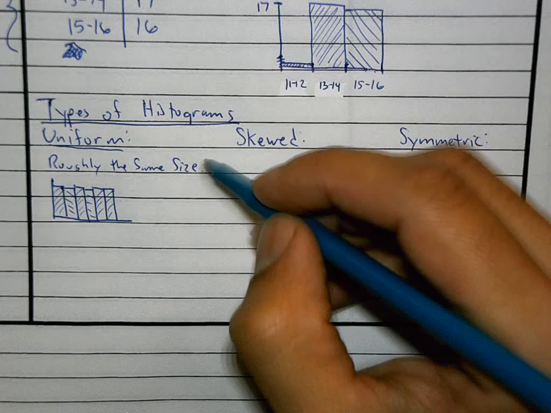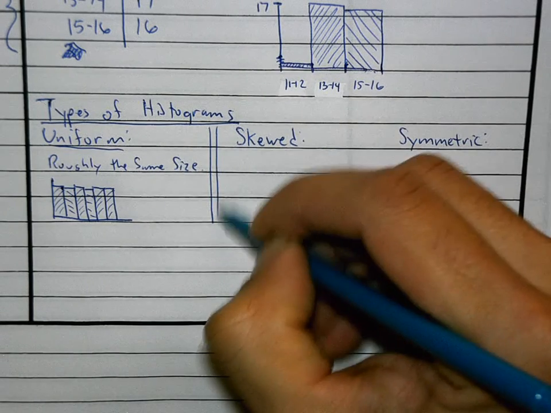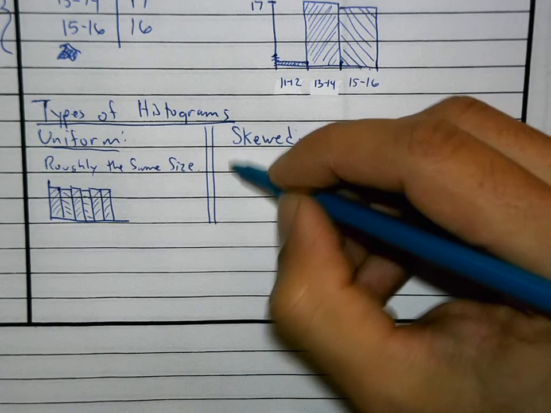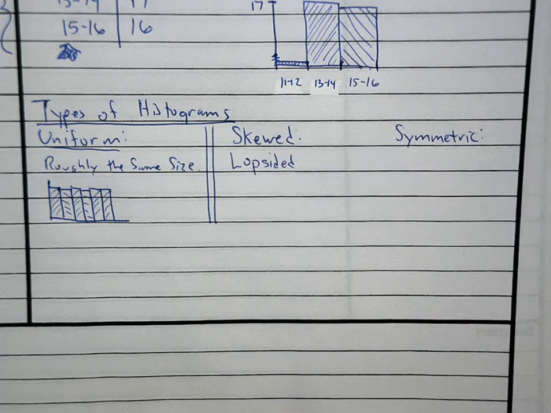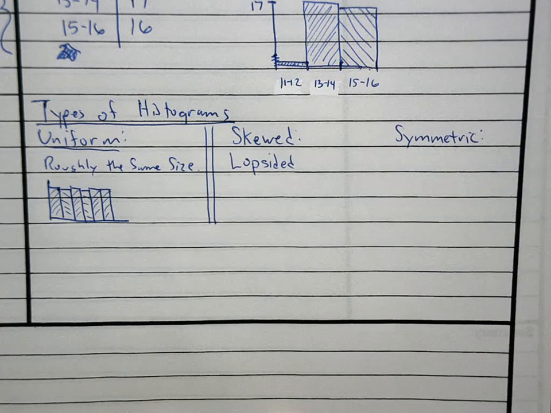If we were saying a skewed graph, think of a skewed graph as lopsided. There are more either on the left side or there's more on the right side. It's a lopsided graph.